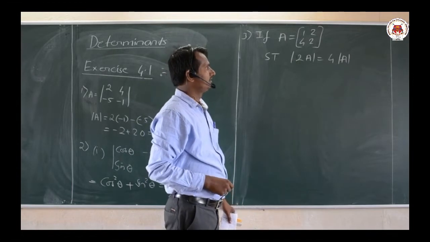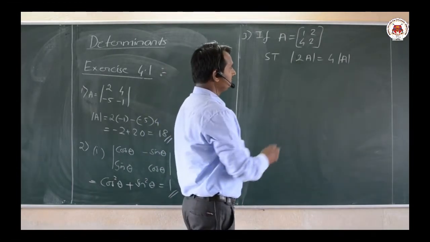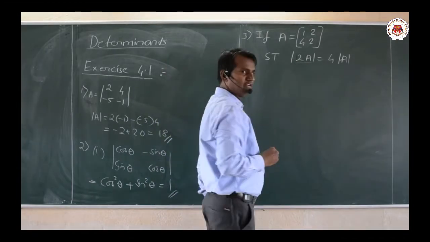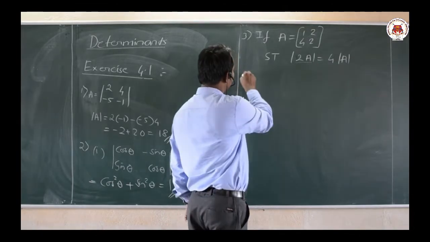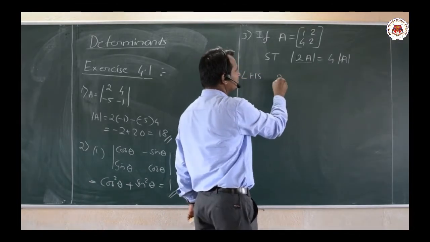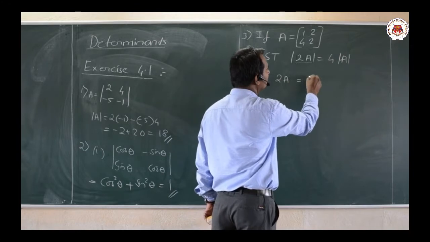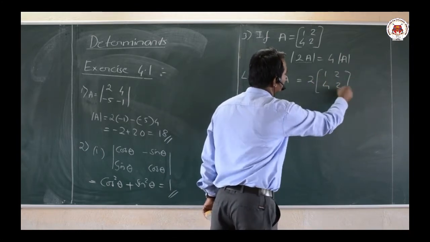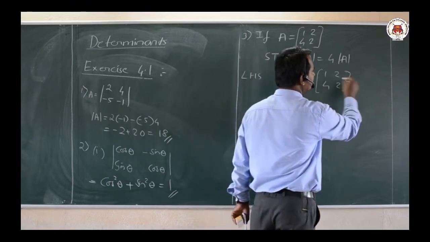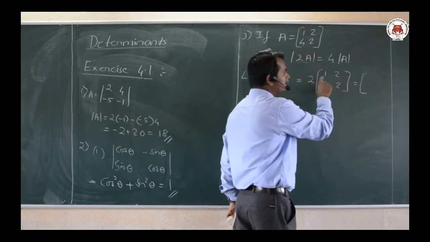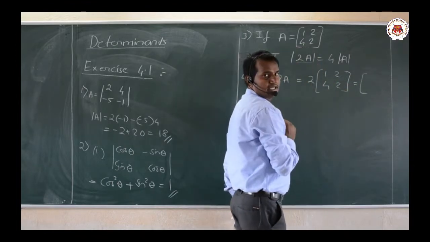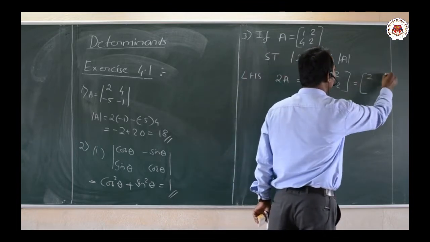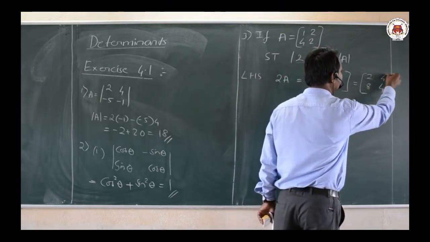First of all, we have to find the LHS part. LHS part is 2A, which is equal to 2 into the matrix A, 1 2 4 2. Each and every element I have to multiply by 2. What we get here: 2, 4, 8 and 4.